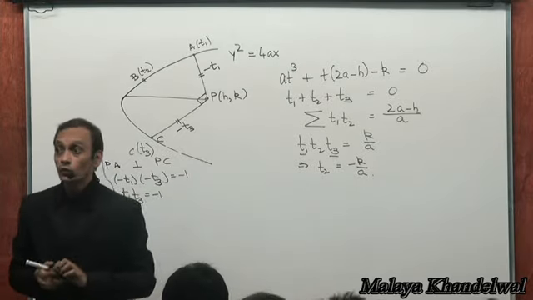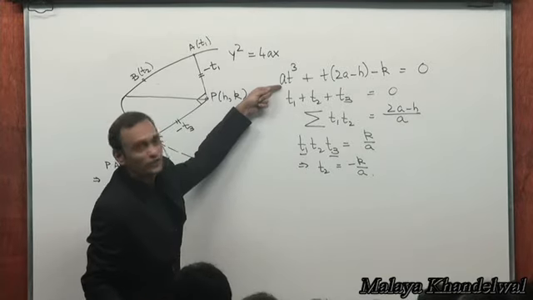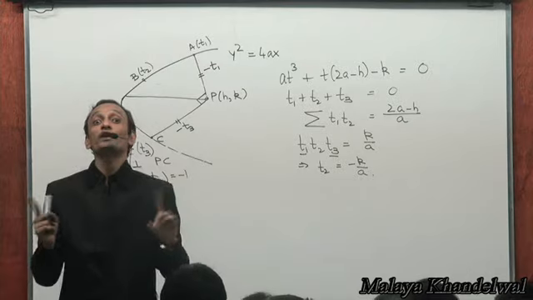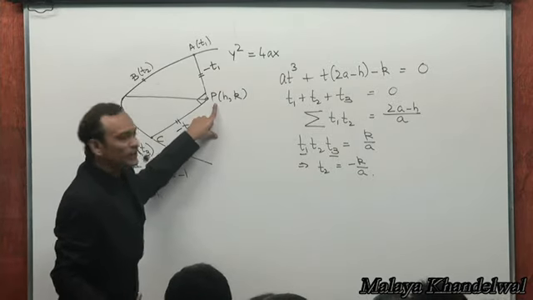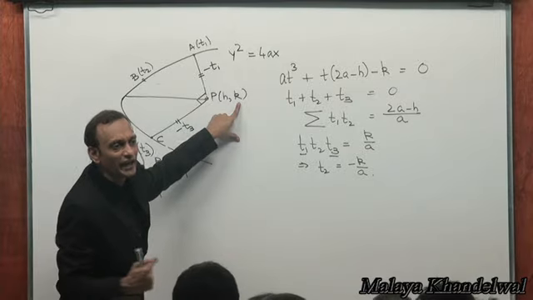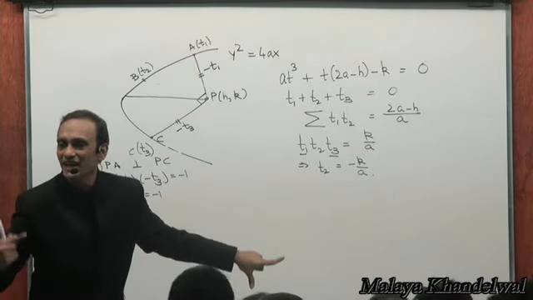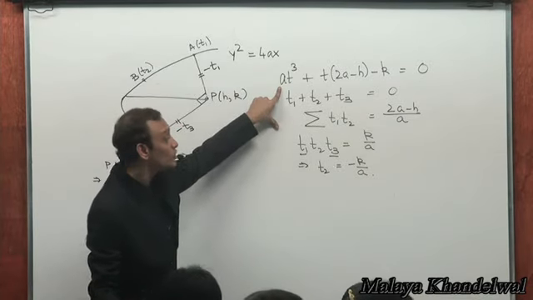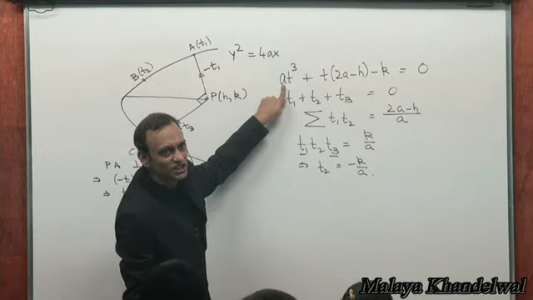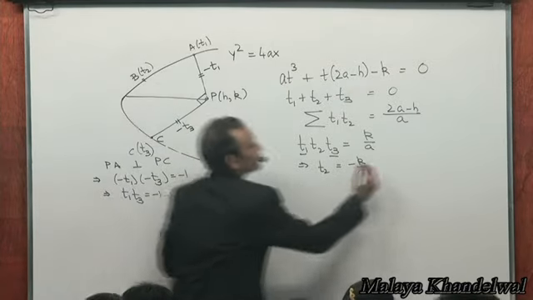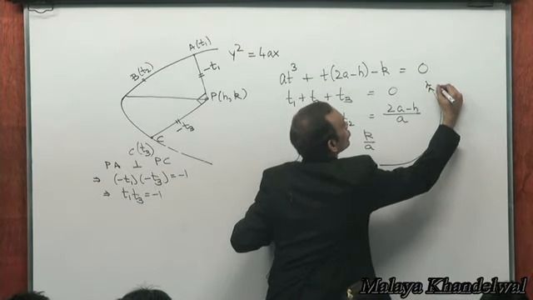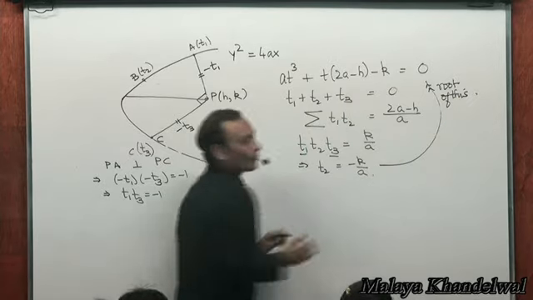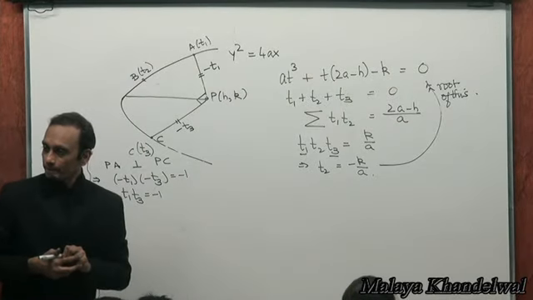T2 is a root of this, so it must satisfy this condition. What am I seeking? I am seeking to connect H and K. To find the locus of P, I would want to connect H and K and then generalize, replacing H by X and K by Y. T2 must satisfy this condition, it's a root of this cubic. So minus K by A must satisfy this condition.